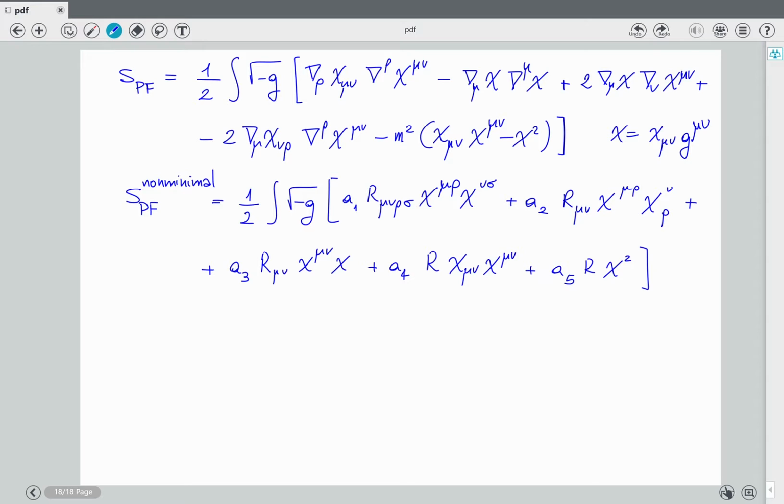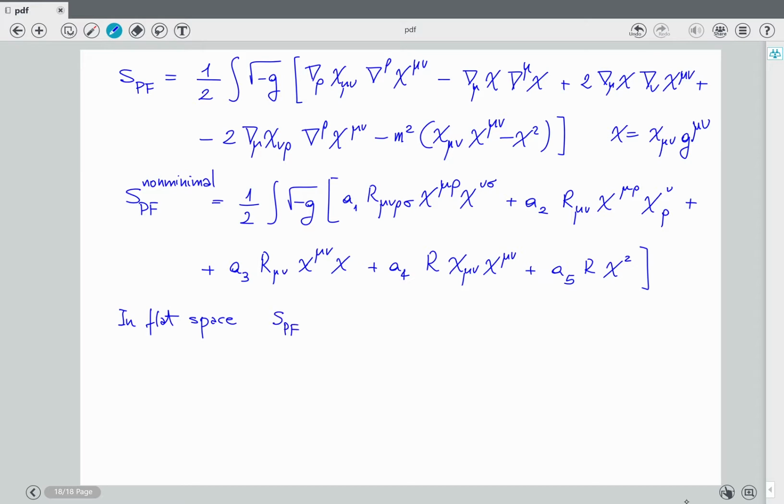Let's check indeed from the field equations. So in flat space we want to check that the field equations do not propagate more than 5 degrees of freedom.